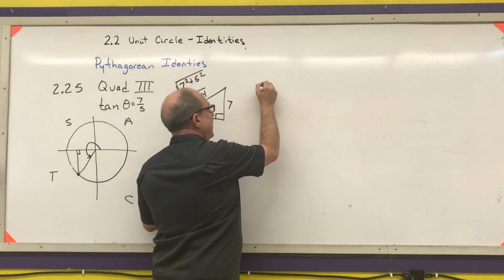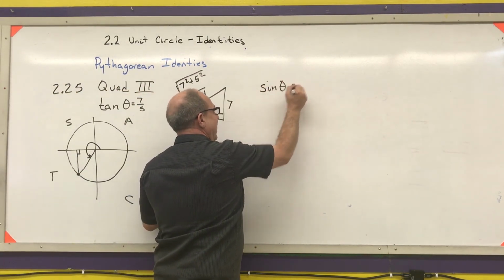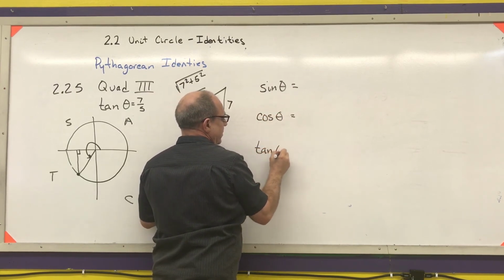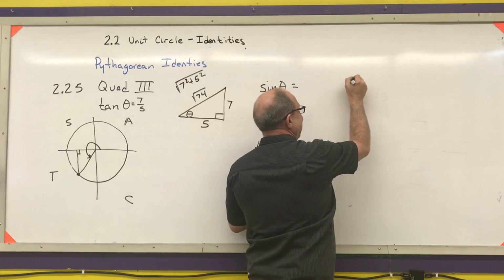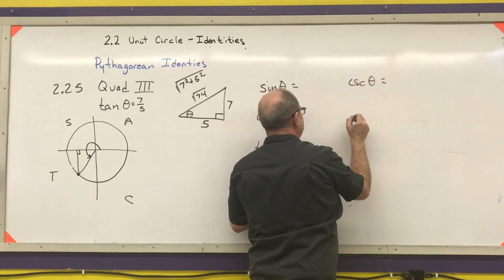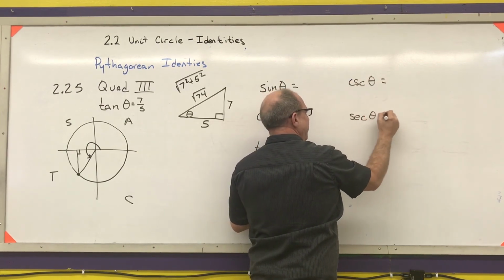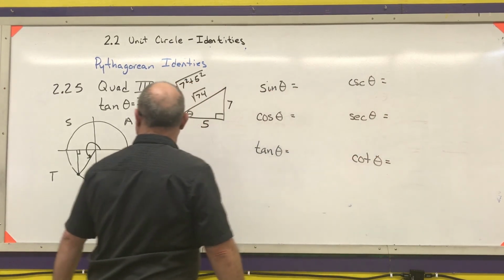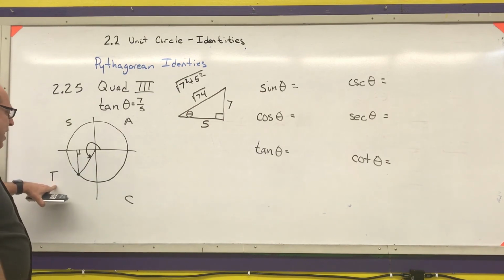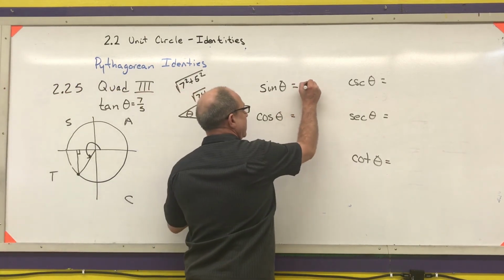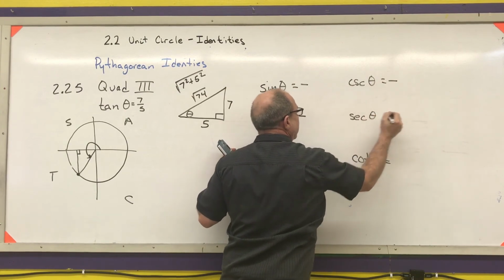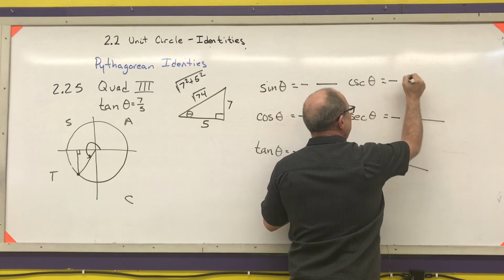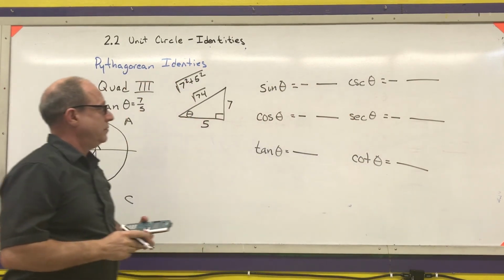Then I'm going to use just my basic identities. And then I'm going to use the correct sign based off of which quadrant I'm in. Okay, again, tangent and cotangent are positive, everything else is negative. And I'm just going to write down the ratios based off of this right triangle.